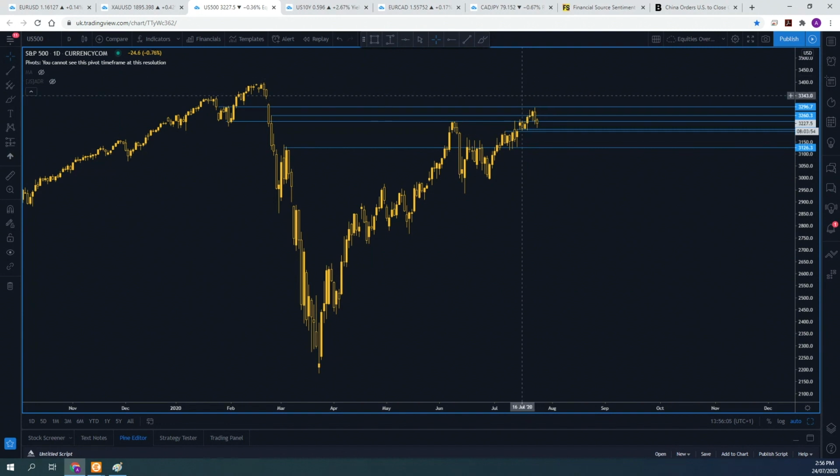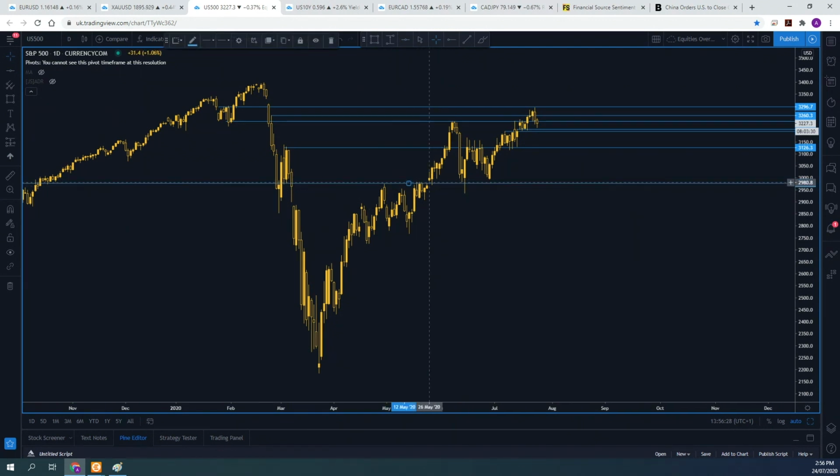Anything below or above that is probably going to be outside the reach of the market today. Now that doesn't mean that it can't happen. Here we have a great example of when the market doesn't really care and just floats through a couple of levels. But at that time while we were trading here, the most significant support probably was that low going back to the break of that 3,000 level.